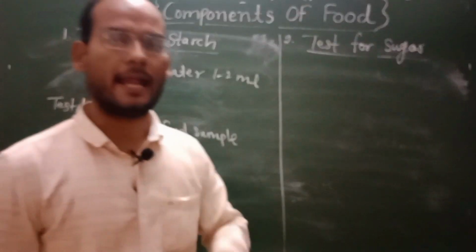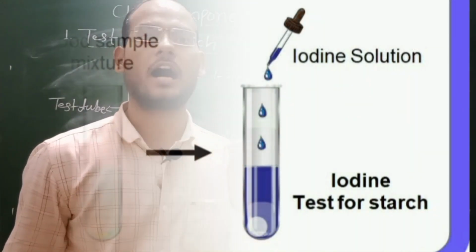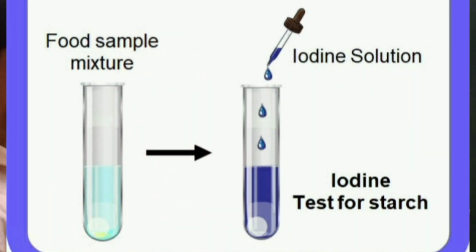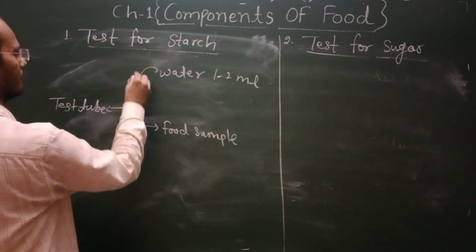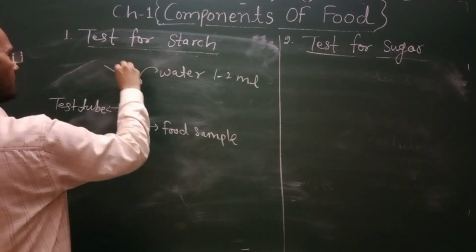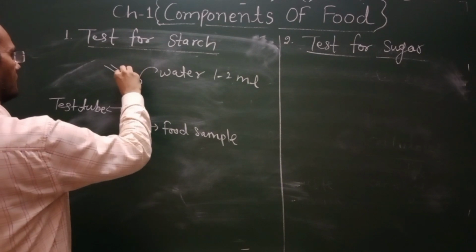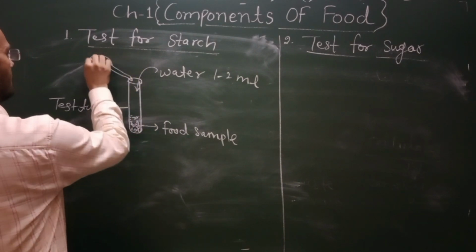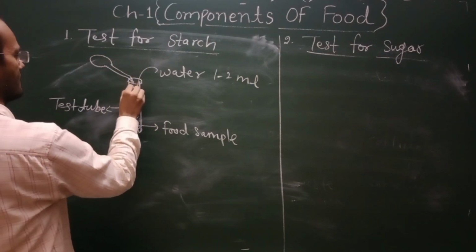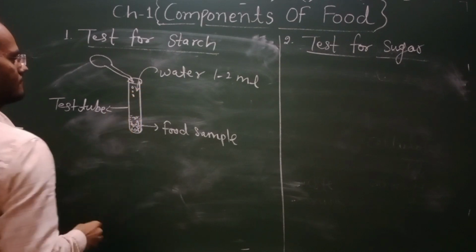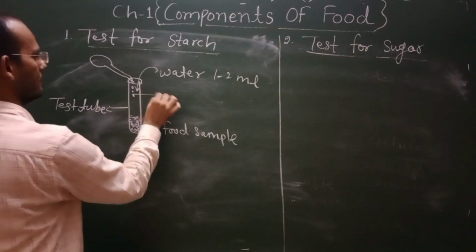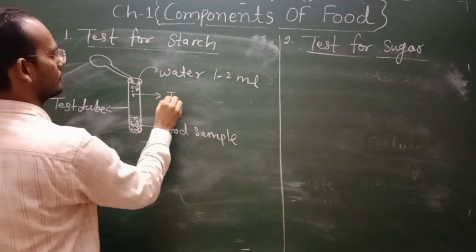Now add 2-3 drops of iodine solution on this food with the help of a dropper.